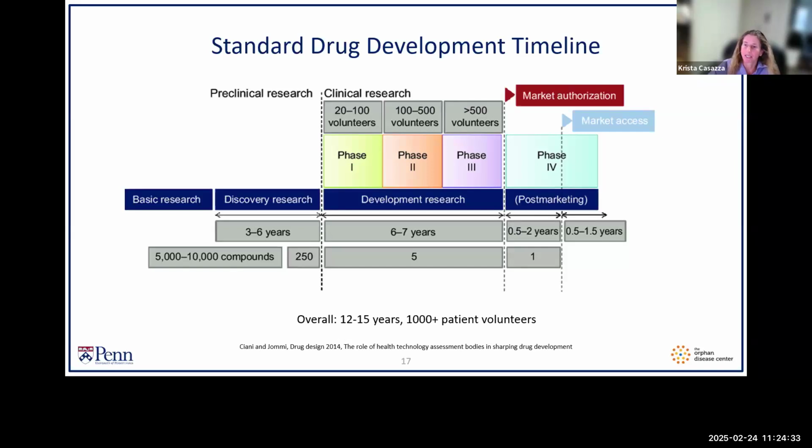This includes the standard drug development timeline, from basic discovery or preclinical to developmental research to market authorization, and post-marketing, as I previously indicated. Overall, the standard drug development timeline, as you can see there, is 12 to 15 years with over 1,000 patient volunteers. Now, the orphan drug, next slide, please, I'm sorry.